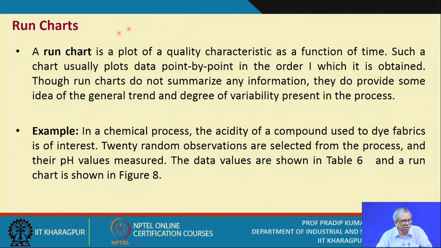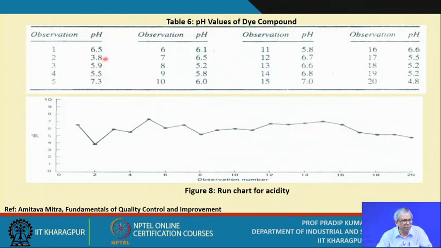process analysis. What is the run chart? The run chart is a very simple chart. The run chart is a plot of quality characteristics as a function of time. That is very important. Here, as an example, these are the data you have collected, the pH values of dye compound. Twenty such values you have collected, and they are plotted over the time period.